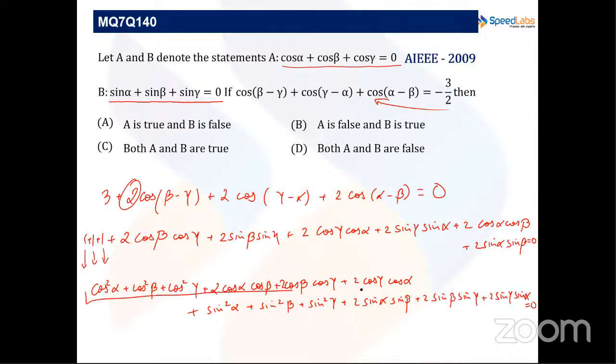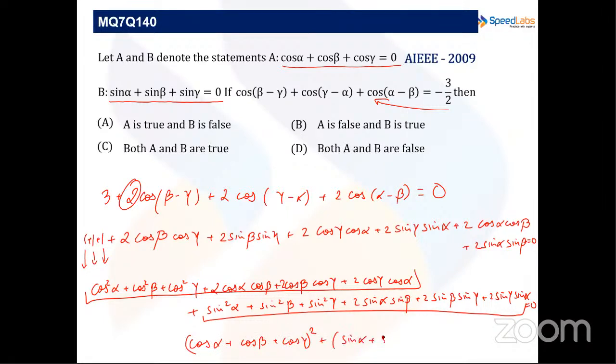From this, we can see that this is the formula of a square and this is also a square. So we have (cos alpha plus cos beta plus cos gamma) whole square plus (sin alpha plus sin beta plus sin gamma) whole square equals 0.